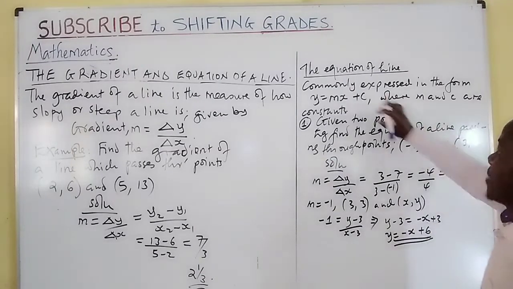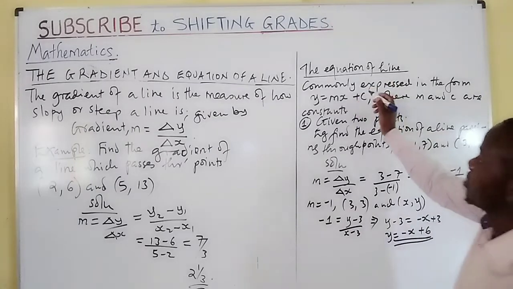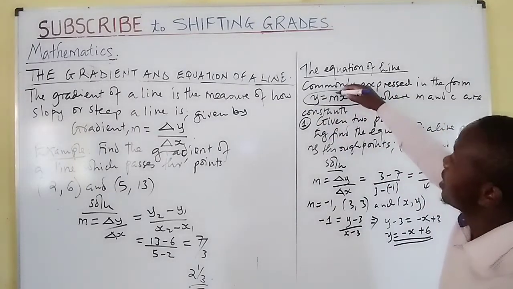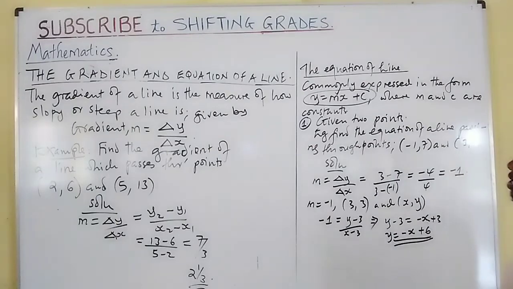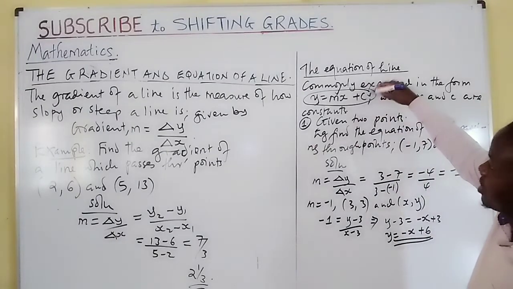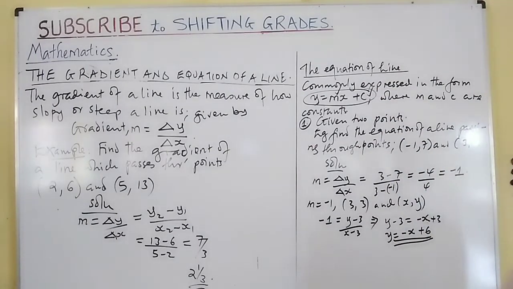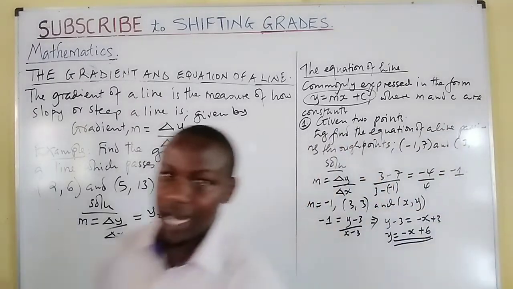With this format, the coefficient of x, which is m, gives us the gradient, and the constant c gives us the y-intercept, or where the line cuts the y-axis.